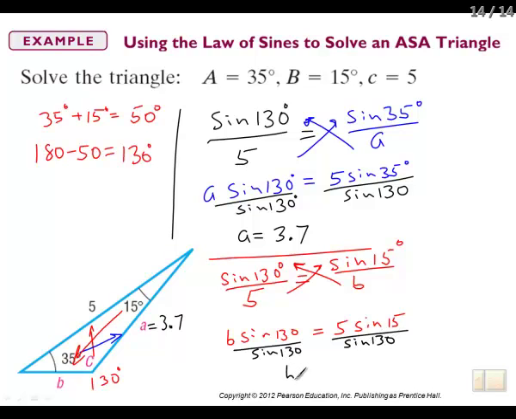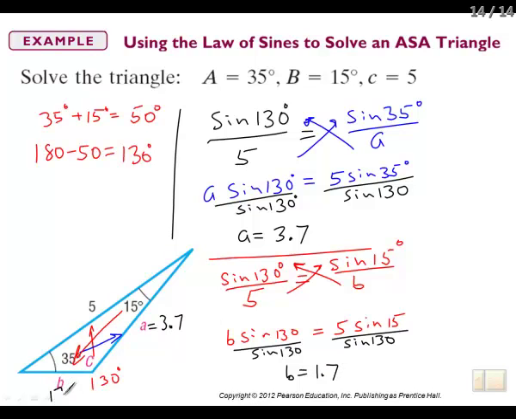And so we get side B is 5 sine 15 degrees, close it up, divided by sine of 130, and we get 1.689, we'll say 1.7.